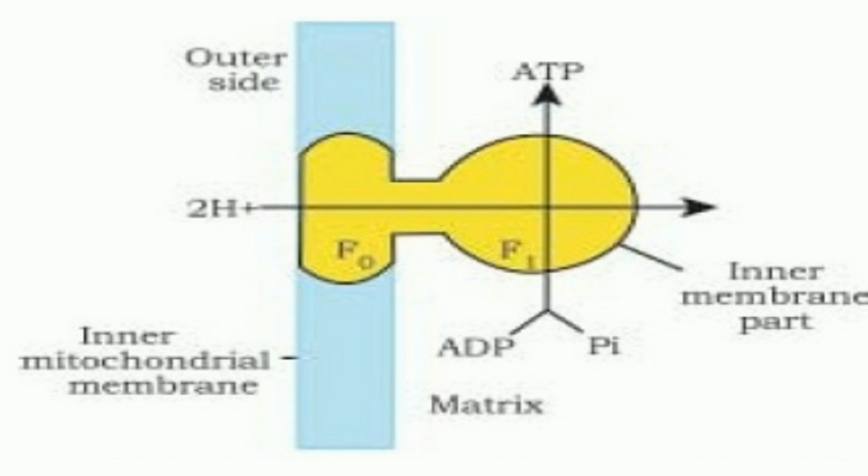The inner mitochondrial membrane shows a coupling mechanism and is permeable to water but impermeable to protons. Now, if it is impermeable to protons, where will the protons be occurring?